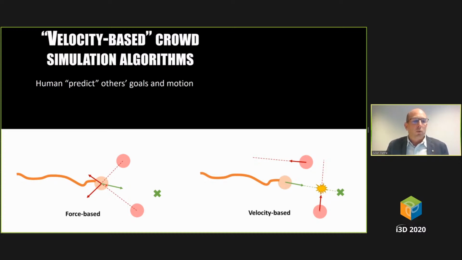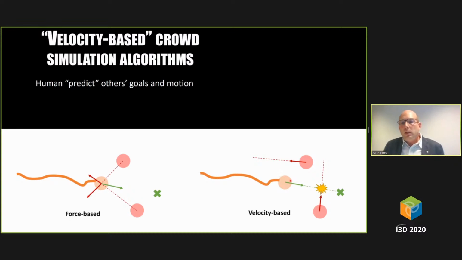Force-based works this way: an agent undergoes some forces that turn into acceleration following Newton's second law. And agents undergo attractive forces, for example toward their goal, or repulsive forces to avoid collisions with other agents.